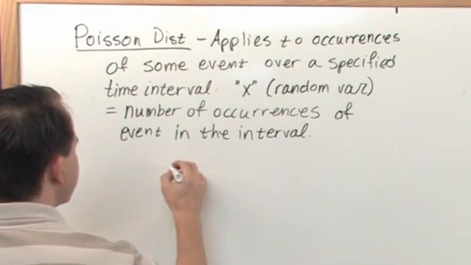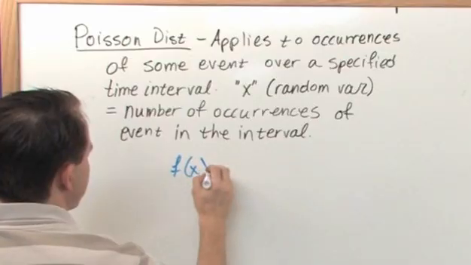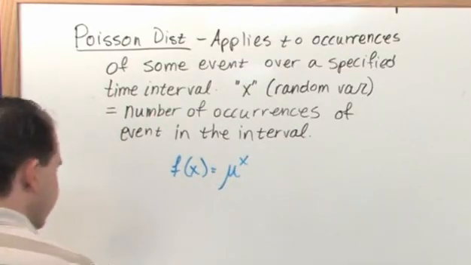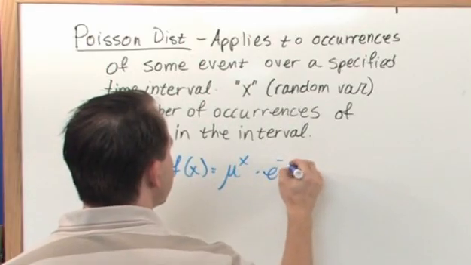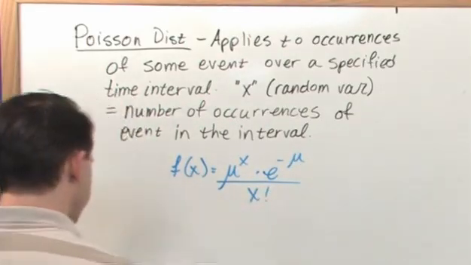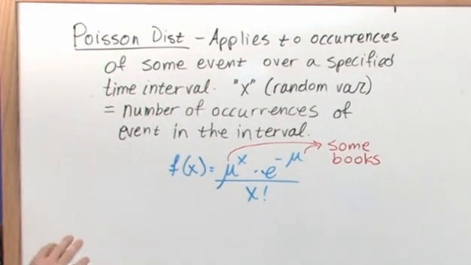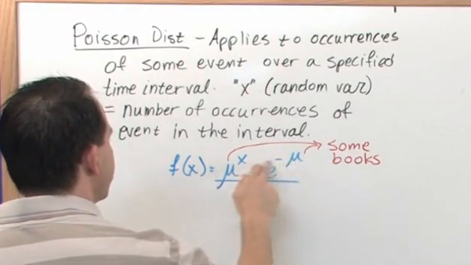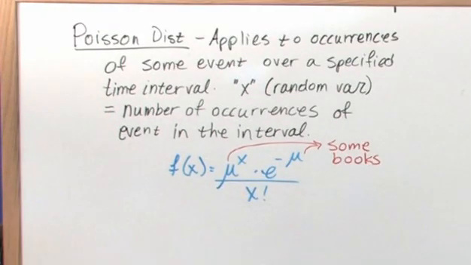The Poisson distribution is defined as f of x is equal to mu to the x, I'll tell you what mu is in a second, times e to the minus mu, all divided by x factorial. Okay, so this is the Poisson distribution function. In some of the books, the mu here represents the mean value that we'll learn about as we work some of these problems, the mean value of some occurrence over some period of time.